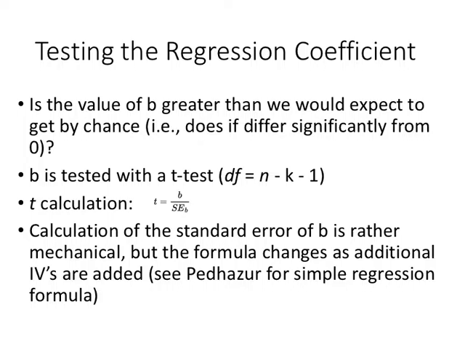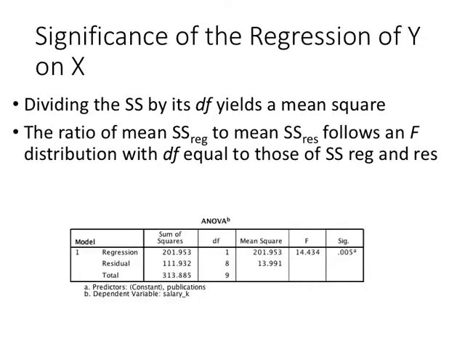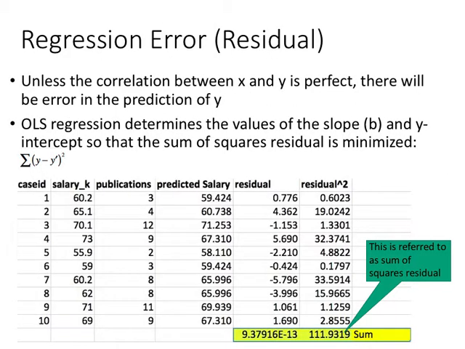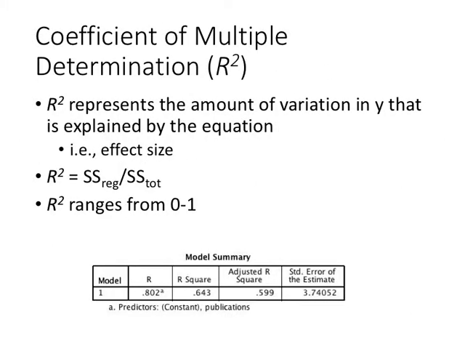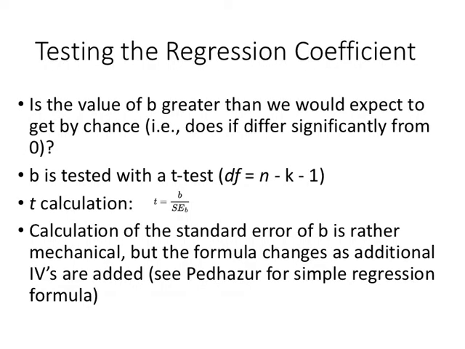And so, long story short, we can do t, which is B divided by the standard error of B, and if we go back to our next slide, yeah, sorry.